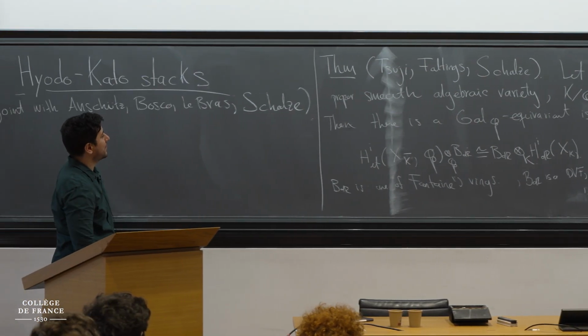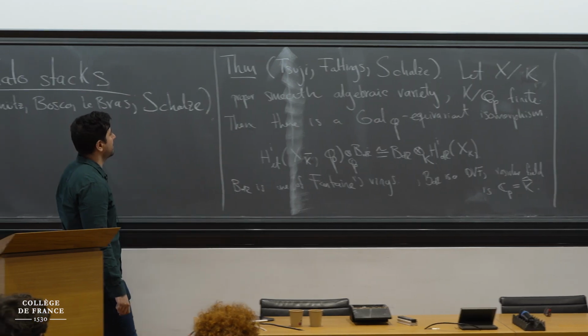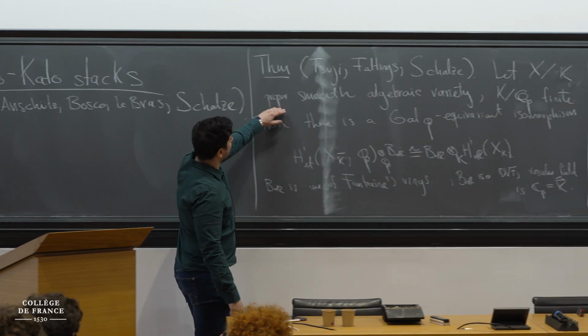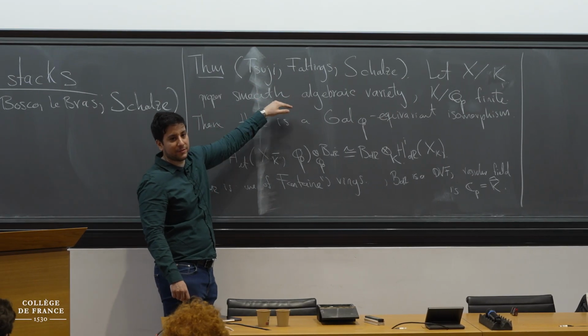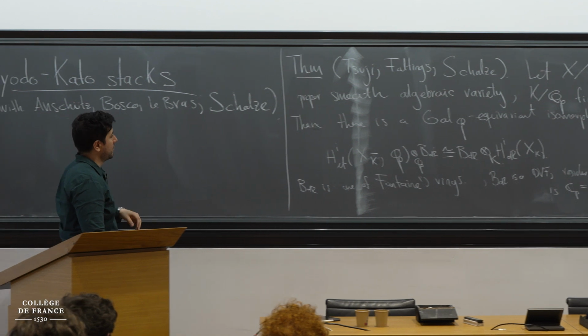So that's maybe part of one of Fontaine's conjectures that was then proven by different people, with different aspects. Maybe the most general one is due to Scholze, that you only need to work with proper smooth rigid varieties and not just those coming from algebraic geometry.